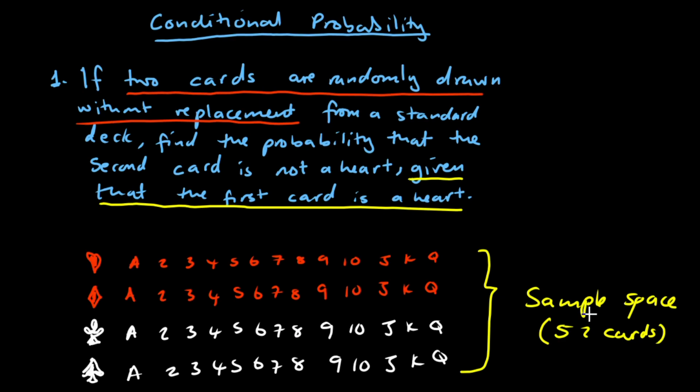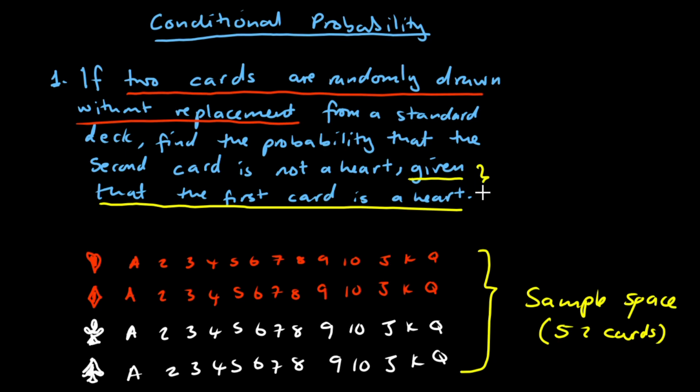Why is it called sample space? Because these are all the possible values that I can have from a deck of cards. But when we calculate our probability here, find the probability that the second card is not a heart, given that the first card is a heart, we are given a new sample space.